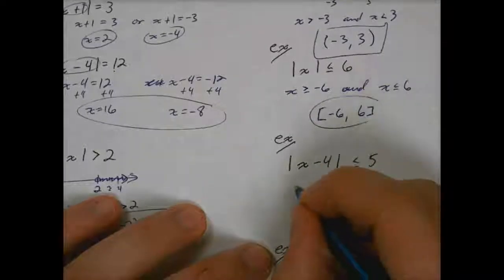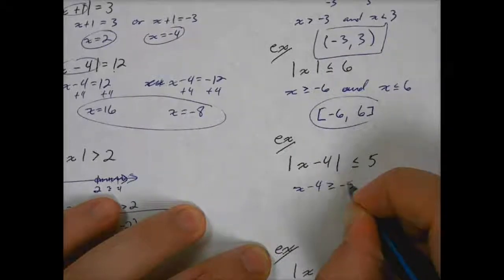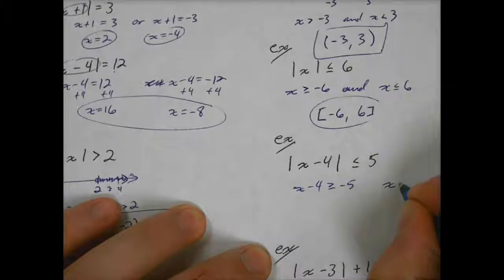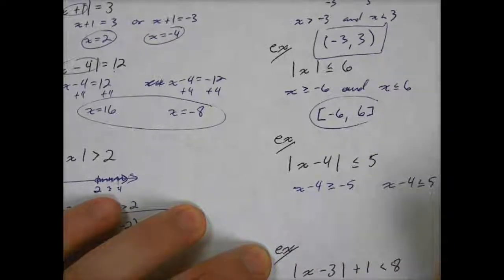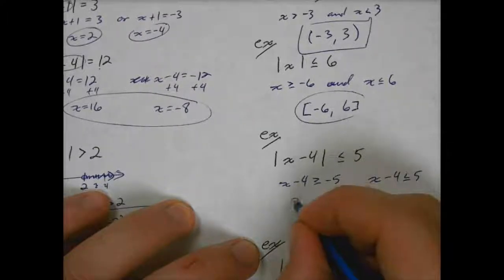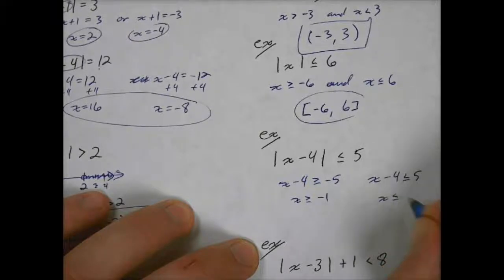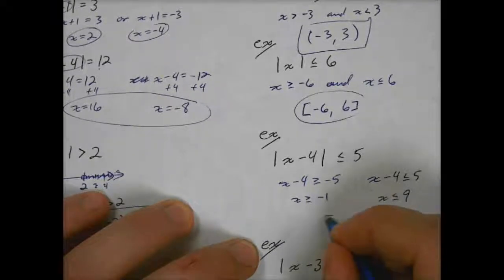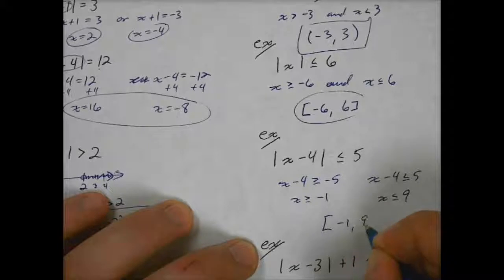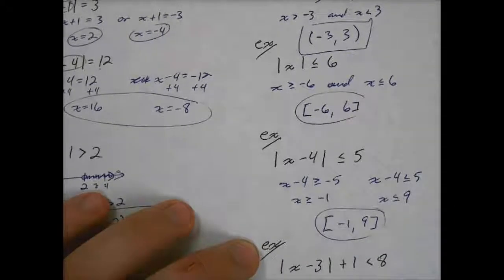And again, x minus 4 greater than or equal to negative 5, and x minus 4 less than or equal to 5. Add the 4, so x is greater than or equal to negative 1, and x is less than or equal to 9. So we have from negative 1 to 9.